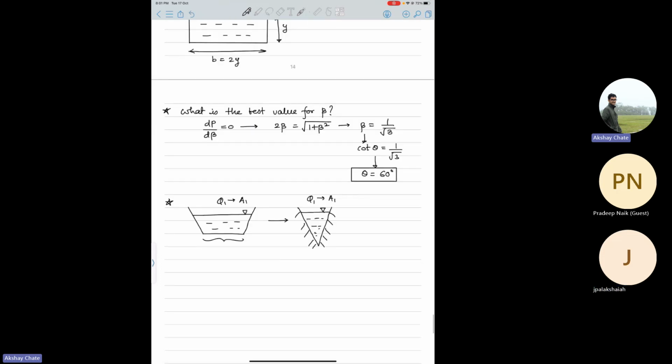So there will be some critical value for depth, right, for which both cross-sectional areas will be the same. In that case, the triangle channel is better. But if you increase the y value, then for a certain y, if you fill it up to that level or even below that, the triangle is better.